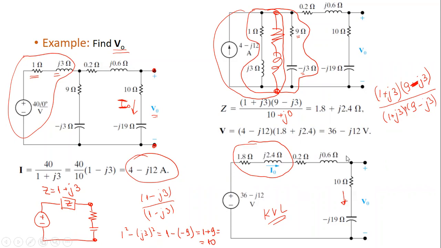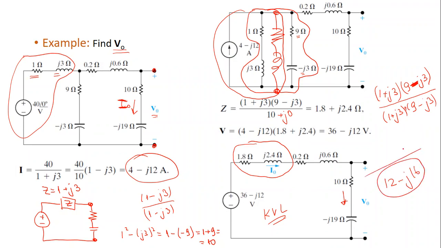Because they are all connected in series, you add the real parts alone: 1.8 plus 0.2 is 2, plus 10 is 12. So the real part is 12. Now add the imaginary part: 2.4 plus 0.6 is 3, minus J19 is minus J16. So this is the total impedance in this circuit.